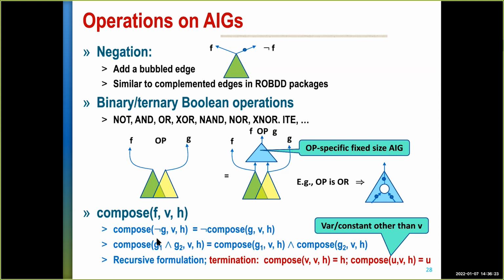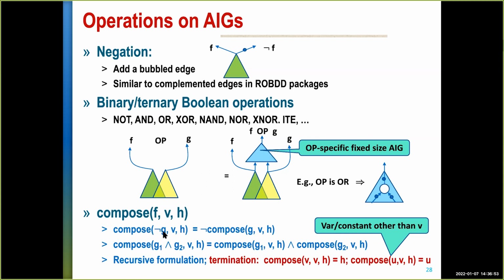Compose. Remember, we have bubbles at some places inside our AIG, so we have to take care of that. Remember what compose was? Compose was saying that you have a function f which depends on some input v, and in place of the input v, you want to plug in the output of the function h, which is another function.